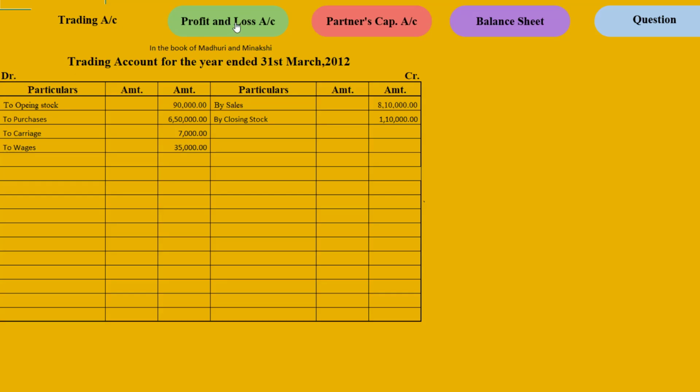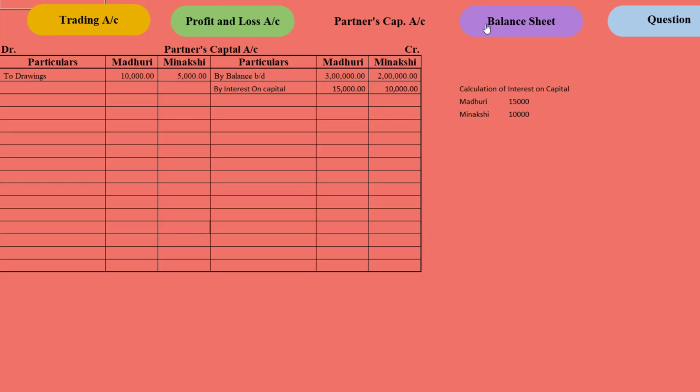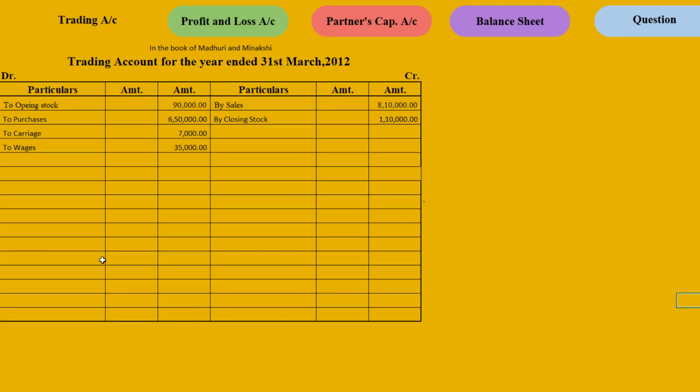Now close all the accounts one by one. First you will be closing which account? Trading account. We'll check. Yes, total 7,82,000, and here the total is 9,20,000. 9 lakh.